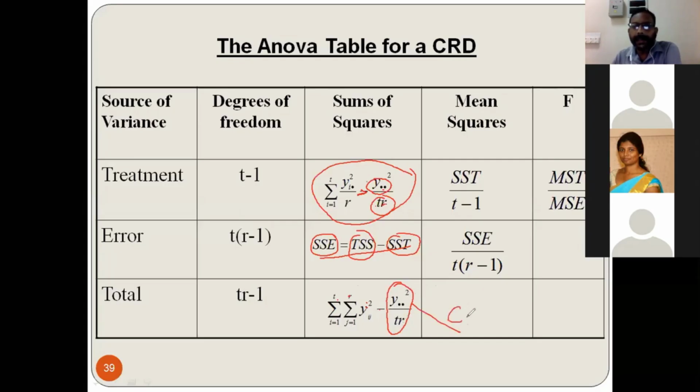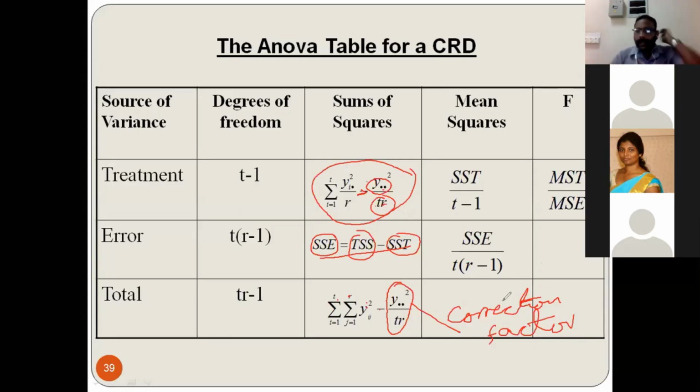This is called the correction factor. So grand total square divided by TR. Clear? Any questions? We'll do a sum later and see.